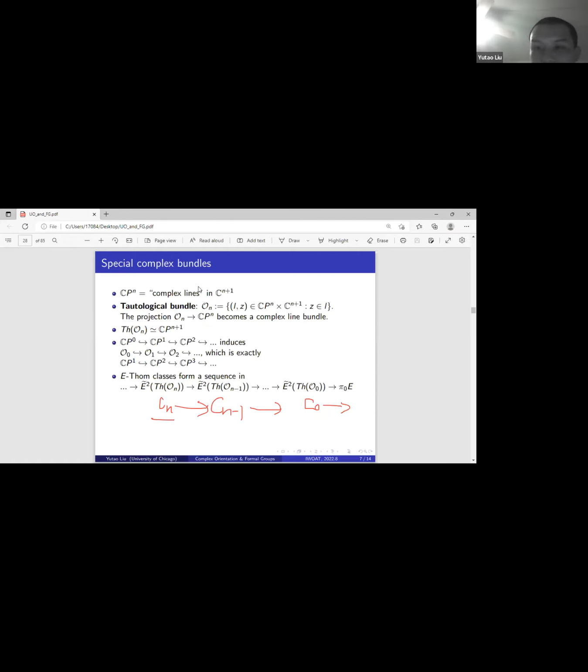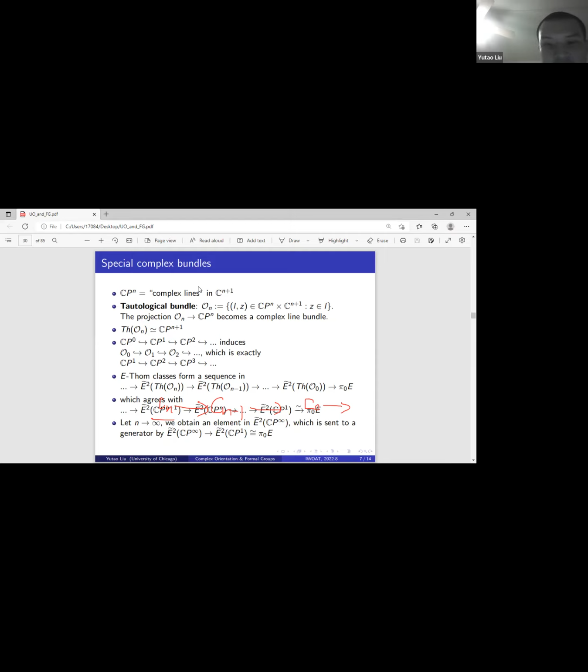And moreover, because you know the Thom space agrees with the complex projective space with degree shifted by 1, now you have such a sequence. So you have a sequence of chosen classes, and also a sequence of E-cohomology groups. Now, if you take the limit when n tends to infinity, you will obtain an element in the E-cohomology of CP^infinity, which is the inverse limit of this sequence of elements.